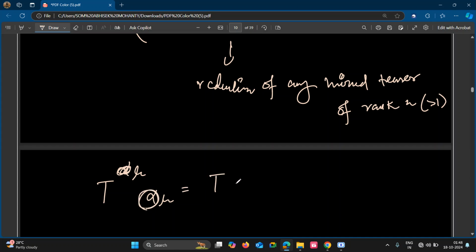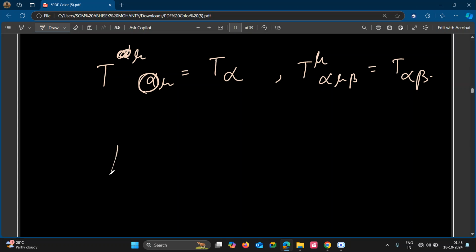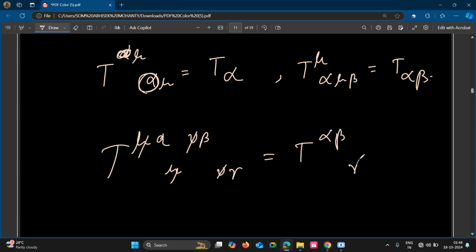Another example, T mu alpha mu beta: mu cancels out, so T alpha beta.